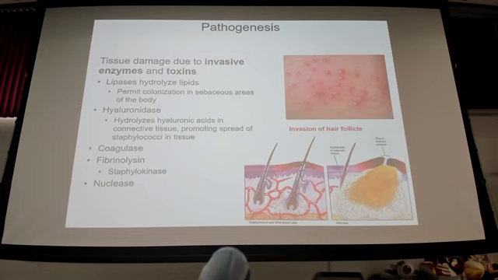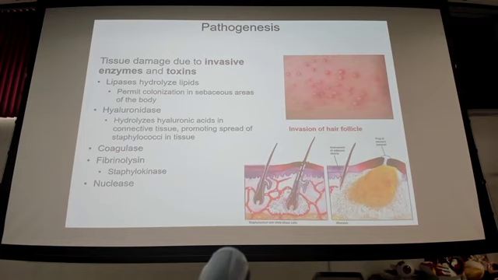All right, so we talked about some skin and soft tissue infections associated with Staphylococcus, particularly Staph aureus. Some of these invasive enzymes should be old hat. We have the same major players, and you know what they do. When we're talking about folliculitis, hair follicles or sebaceous units get colonized and then inflamed, and that can be an entry point for deeper infections.